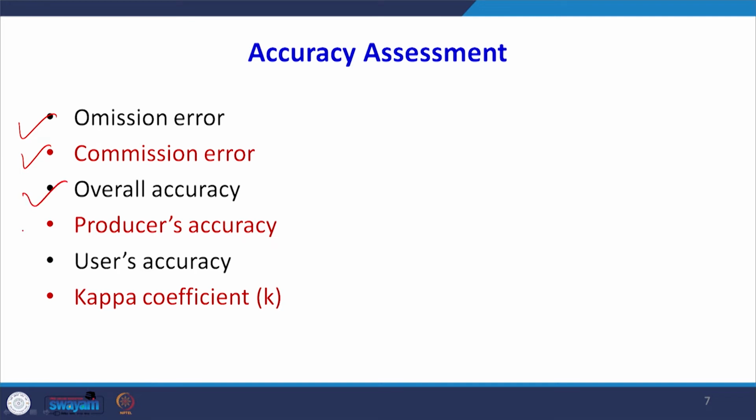Then there are two more terms, the producer's accuracy and the user's accuracy. And also there is another very important coefficient which determines the accuracy of the classification, which is the Kappa coefficient.